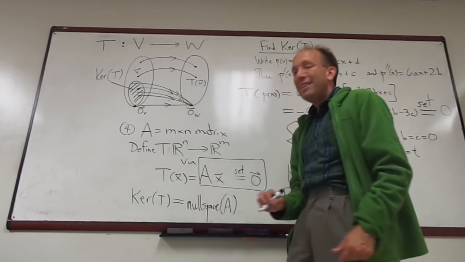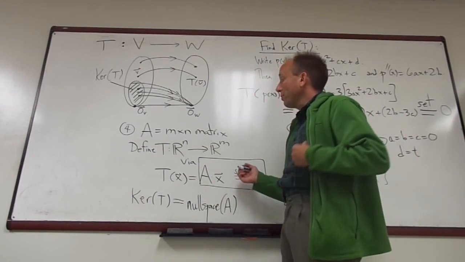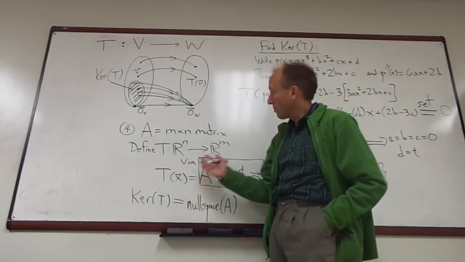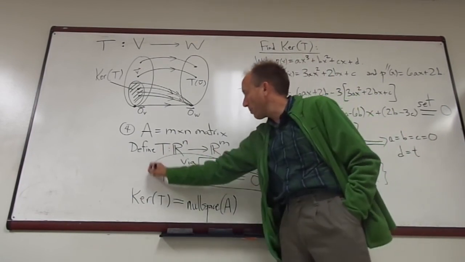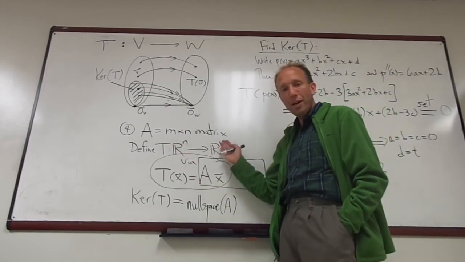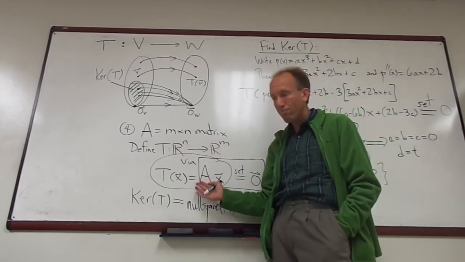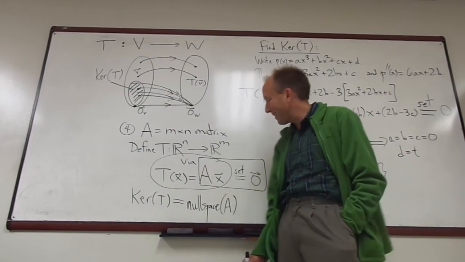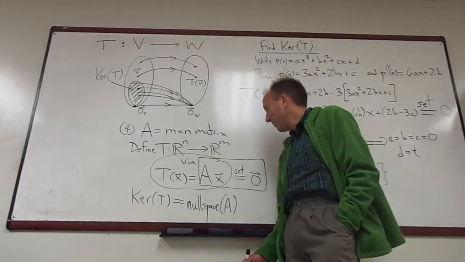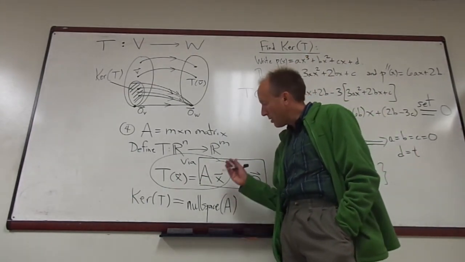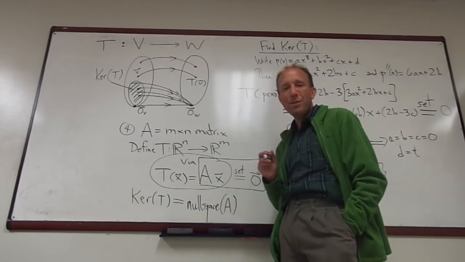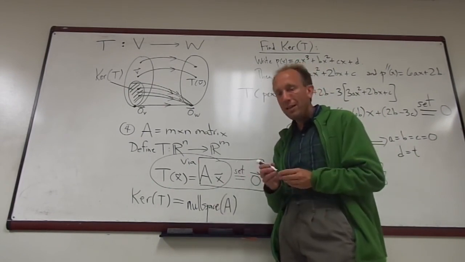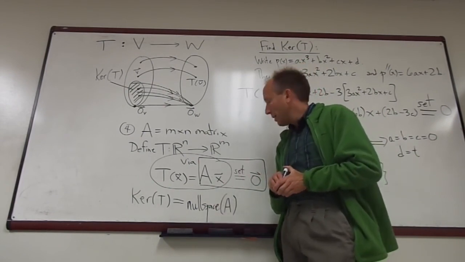Okay? So if I ask you to find the kernel of a transformation that is of this type right here, from Rn to Rm via this matrix, I'm not asking you to do anything new that you haven't done before in the previous chapter. You simply find the null space of the matrix. Okay? Does that make sense, I hope?